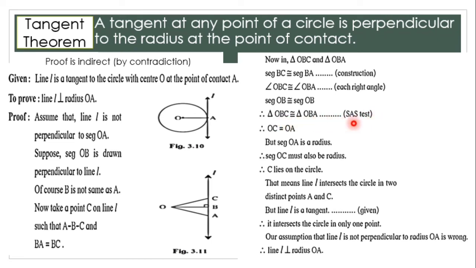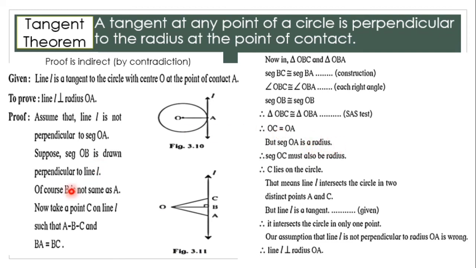We have seen this test of congruence in previous videos. So triangles OBC and OBA are congruent by which test? Side angle side test. Therefore OC is equal to OA, but segment OA is a radius.